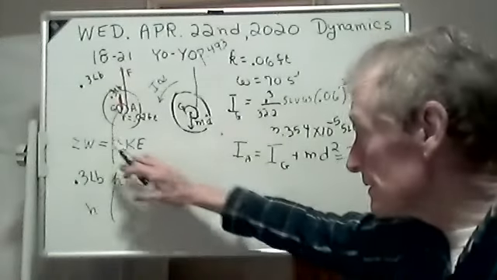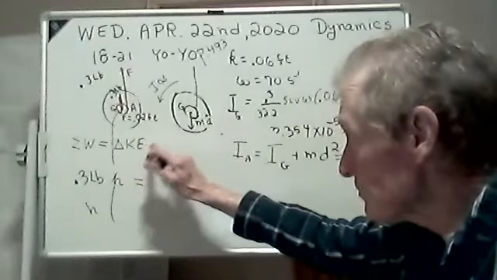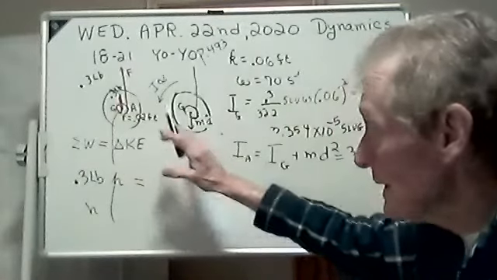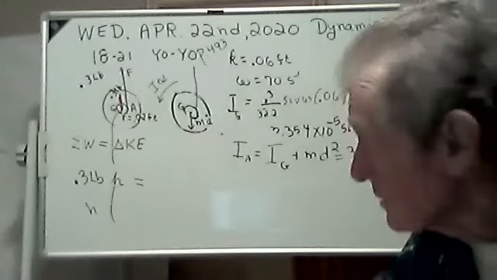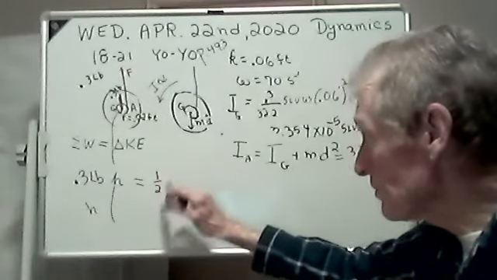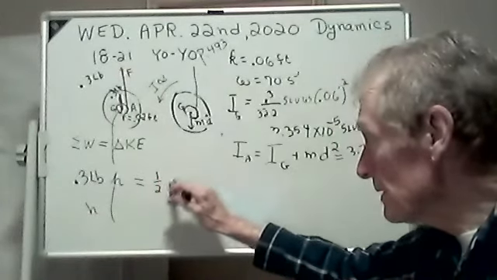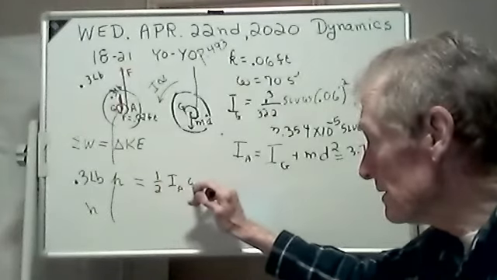Now we're going to write the change in kinetic energy. Well, you know what that is? That's final minus initial. It starts from rest, so it doesn't have any initial. It's just final. And I've given you a wonderful spiel and told you what page to read about it. You can write this as 1/2 I_A omega squared.